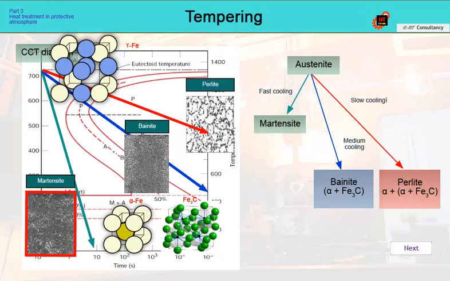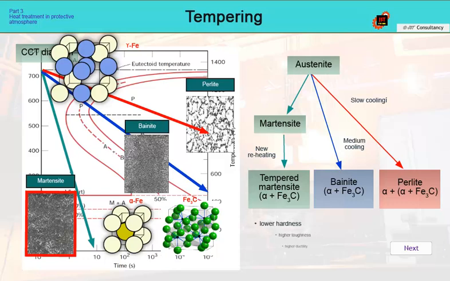Therefore, it is necessary to reheat the material and accelerate these diffusion processes. By reheating to a temperature below A1 for tempering, martensite gradually transforms into structural components depending on the carbon content. In all cases, the result of this process is lower hardness, and at the same time higher toughness and ductility of steel, the properties we need in steel parts.